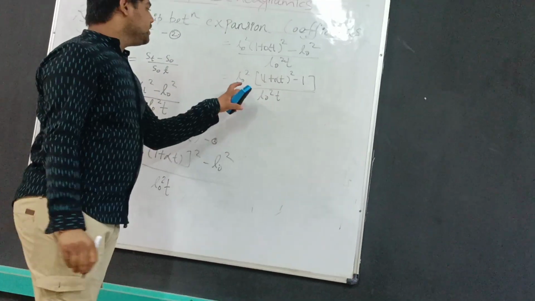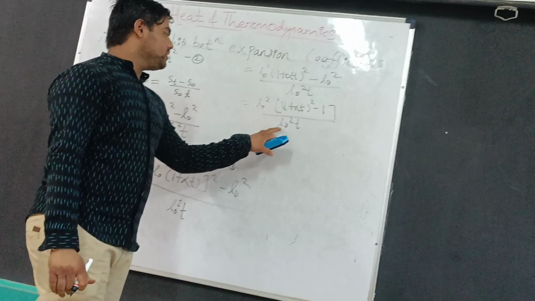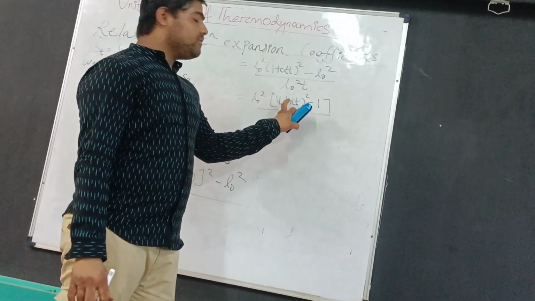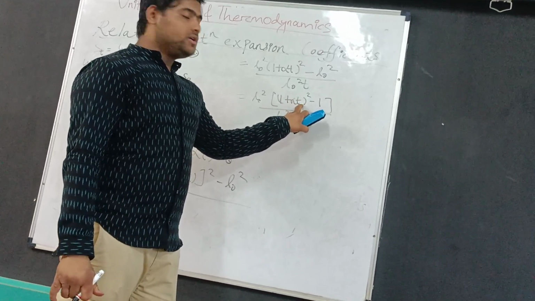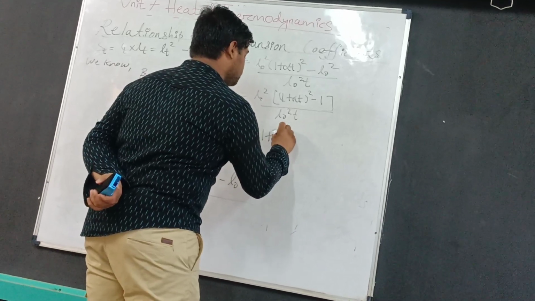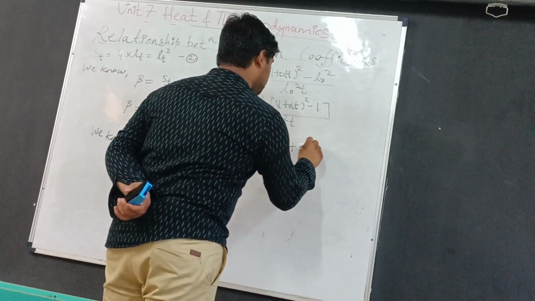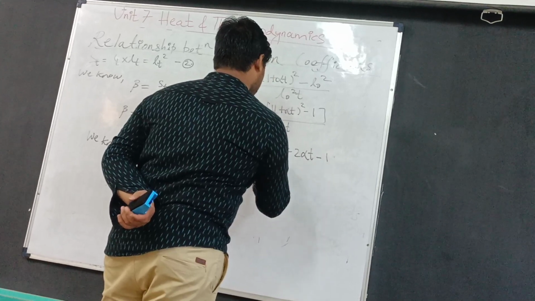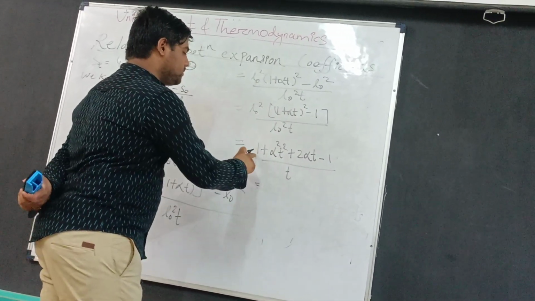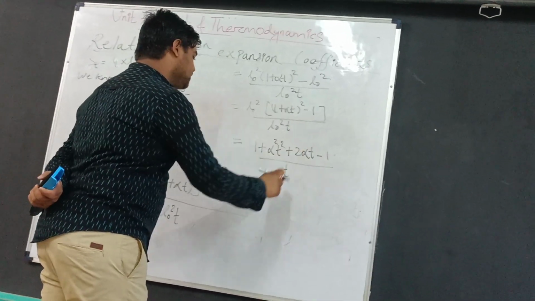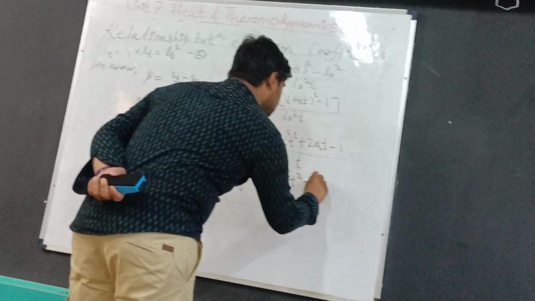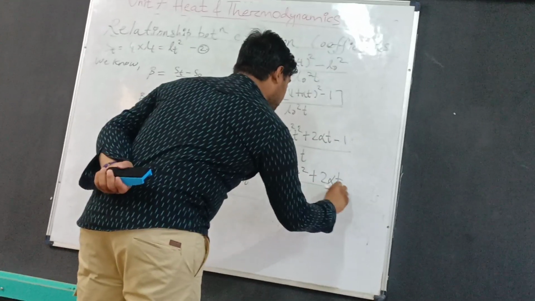Now we can cancel out S0 square from both numerator and denominator. Here we have the form of (a plus b) whole square, and we can write it like this: 1 plus alpha square t square plus 2 alpha t minus 1, divided by... Here plus 1 and minus 1 will cancel each other, so the equation will be alpha square t square plus 2 alpha t divided by t.